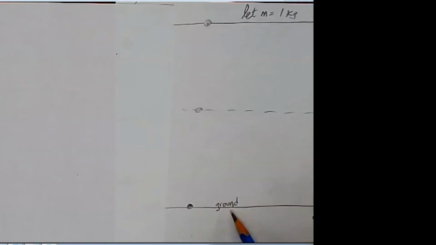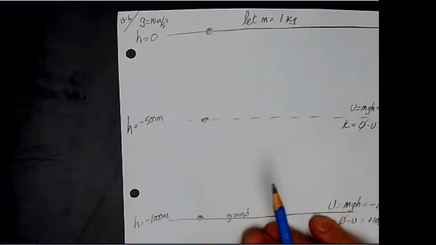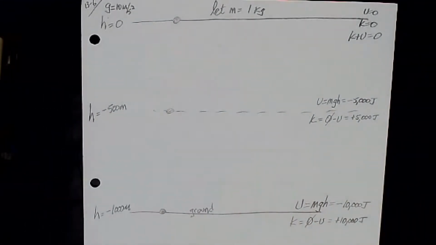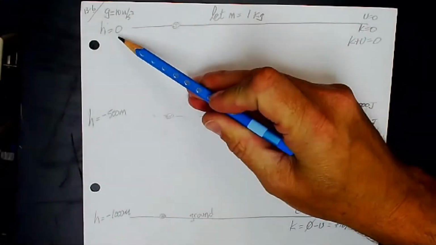Usually, we choose the ground to be our reference point for potential energy, and we say the gravitational potential energy down here is 0, but that is very arbitrary. What if we chose instead to let this point way up here be a height of 0?